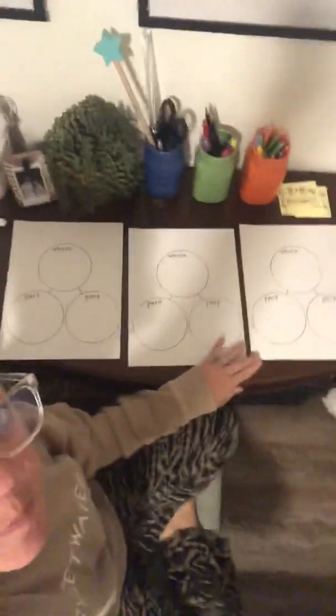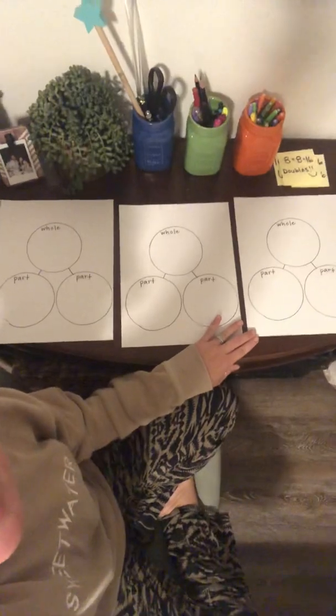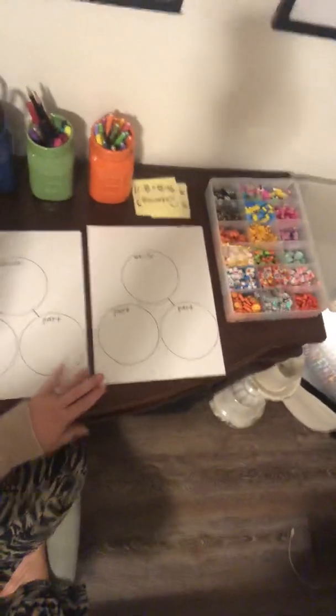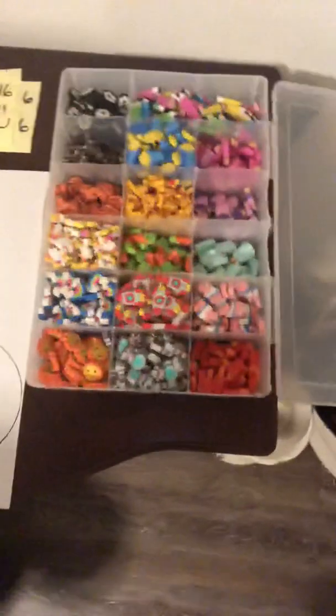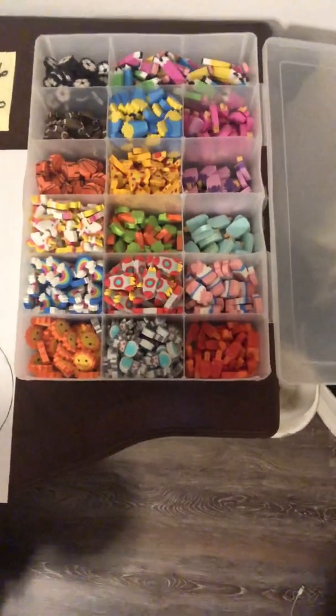So as you'll see here, I have several part whole charts, and I have some fun manipulatives that can help me represent the numbers that I'm going to make and show.